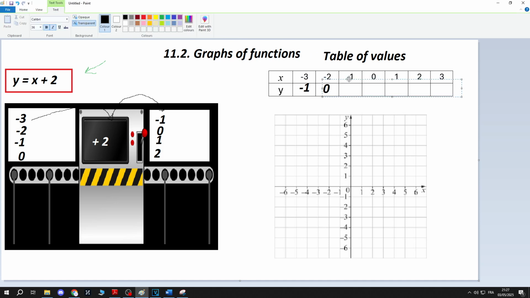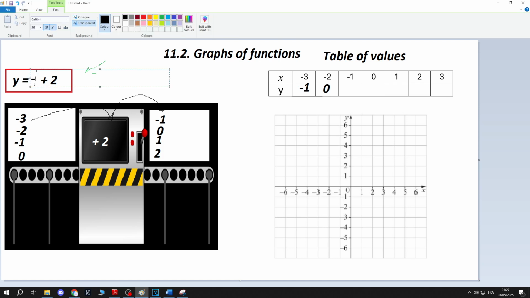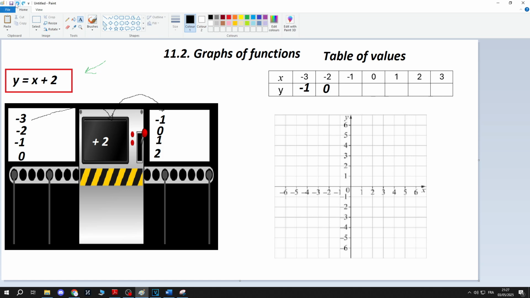For those unaware of how we got there, all we did was grab this x, we replaced it by something else, usually the number we're using. So instead of writing x, we wrote -2 plus 2 gives us 0. All right. So let's keep going then.